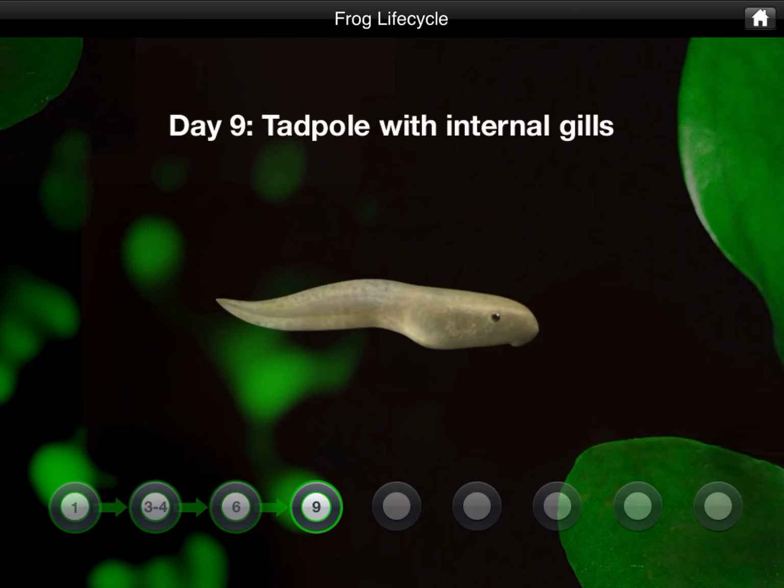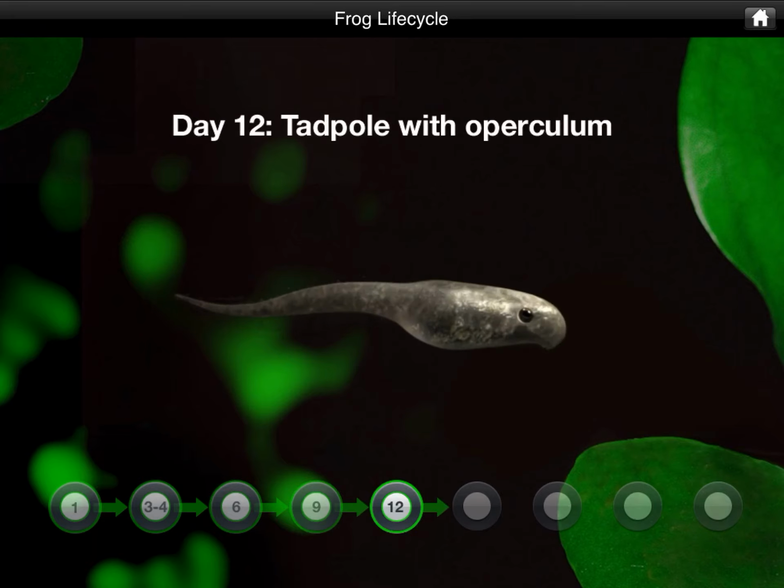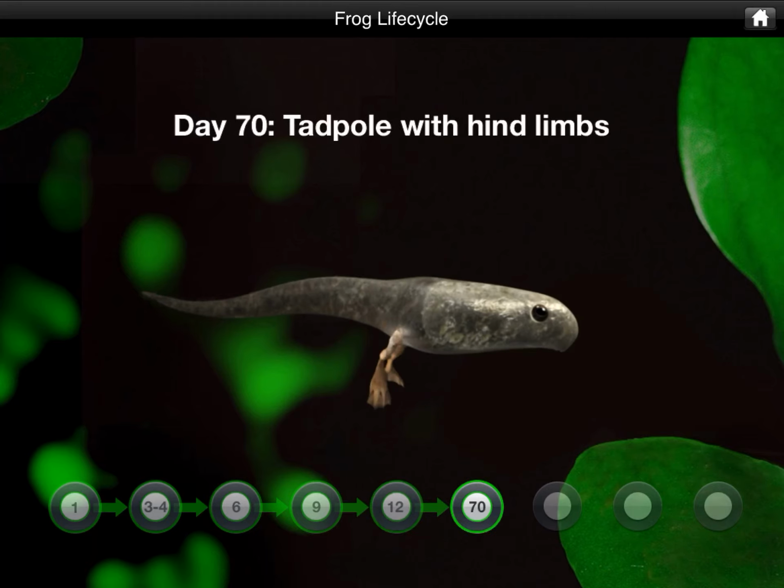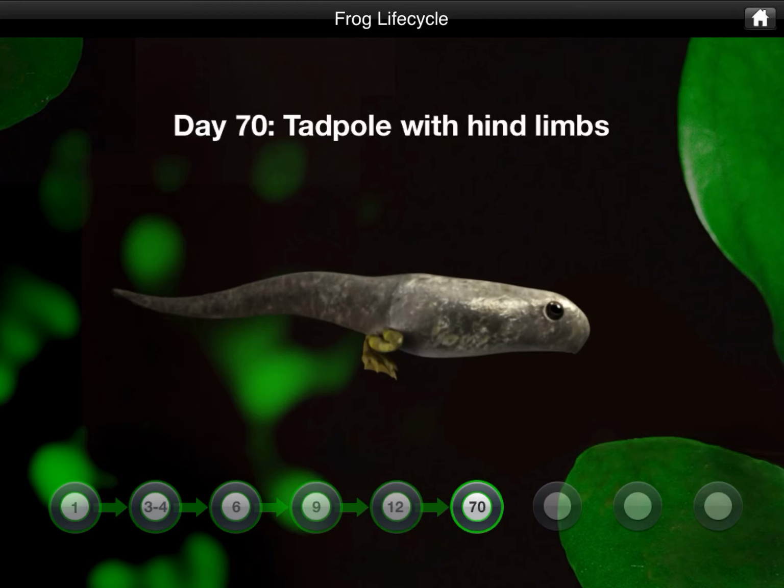It's going to keep getting bigger, swimming around, eating plant material. Eventually you see limbs coming out of it, the hind legs.